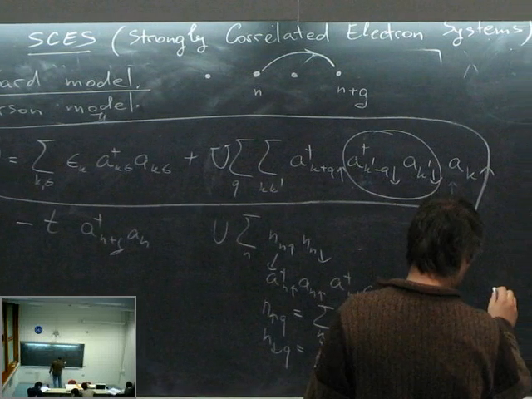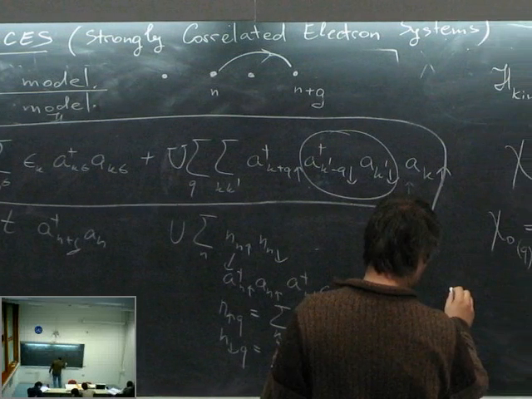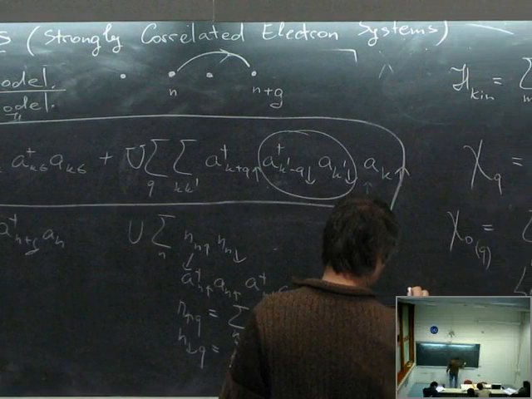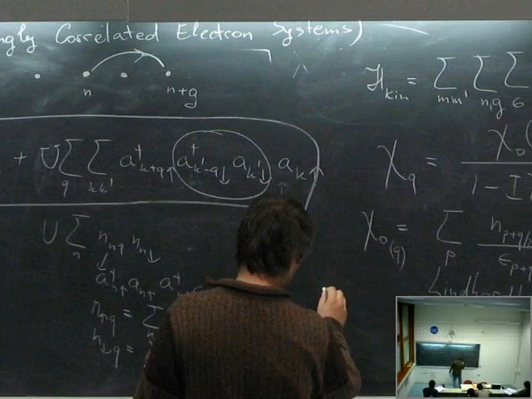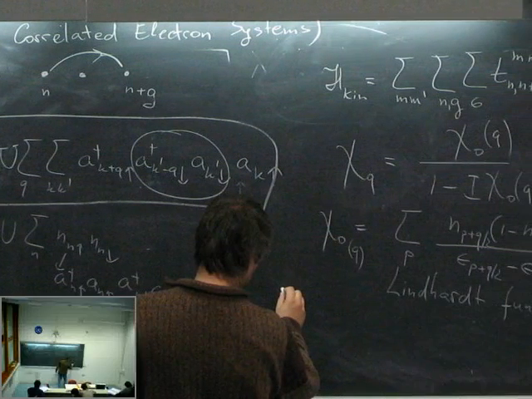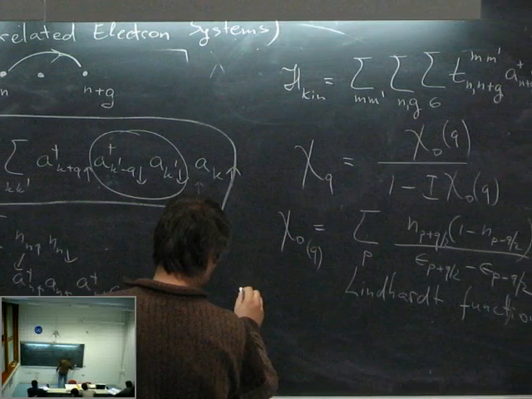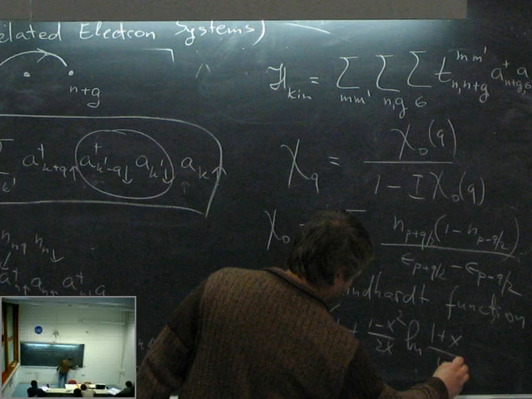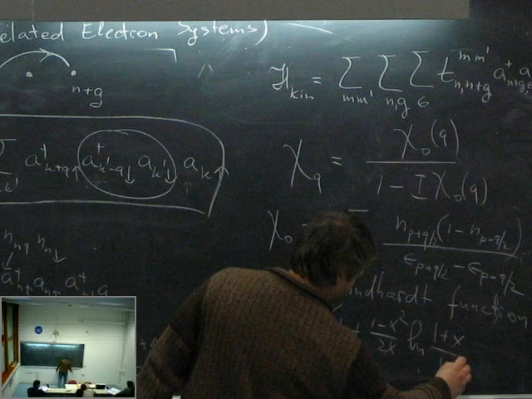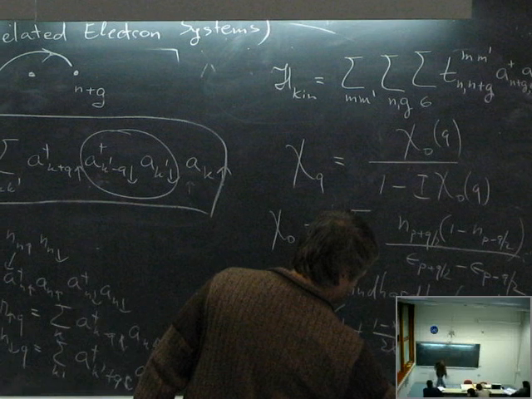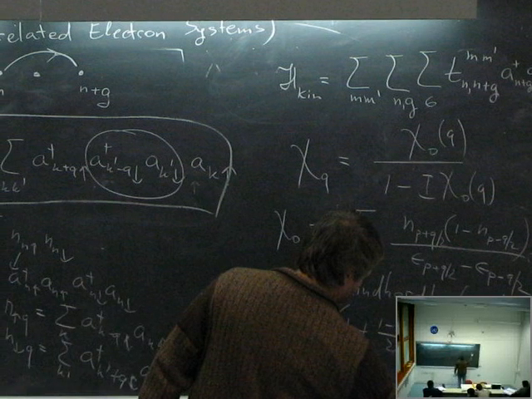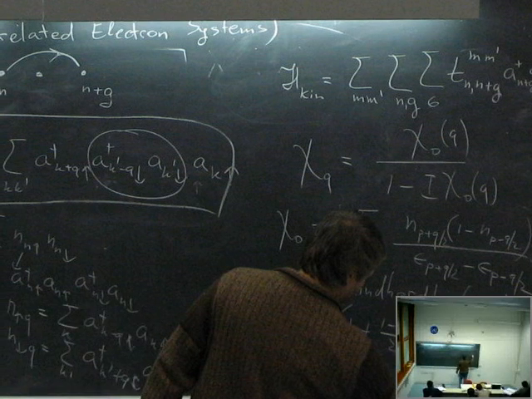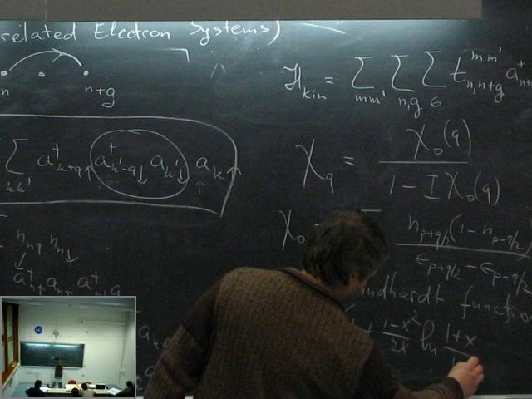This function of q over 2k_F, as I said, was equal to 1/2 plus (1 minus x squared) over 4x log of (1 plus x) over (1 minus x) in 3D. Let me put this now in this model.